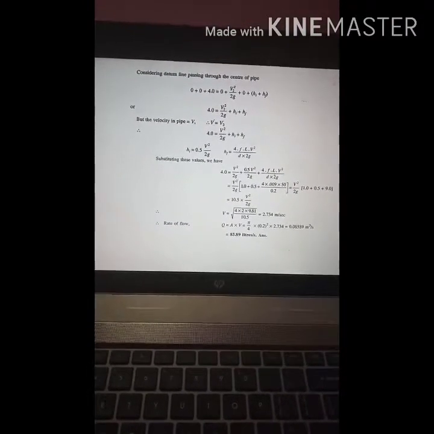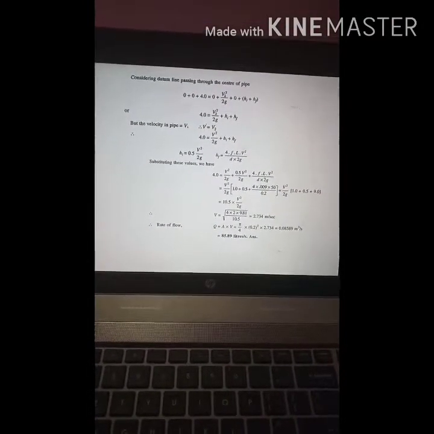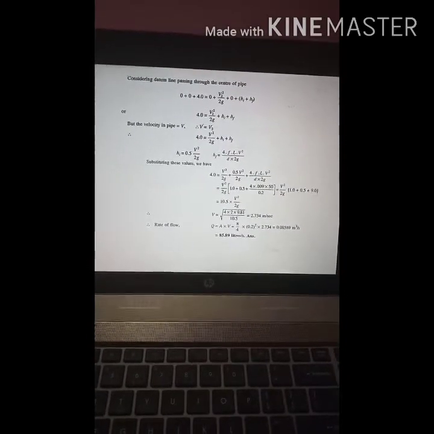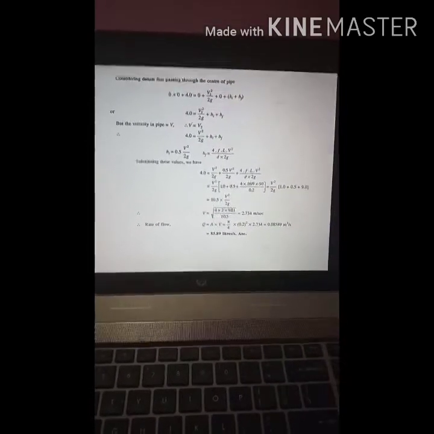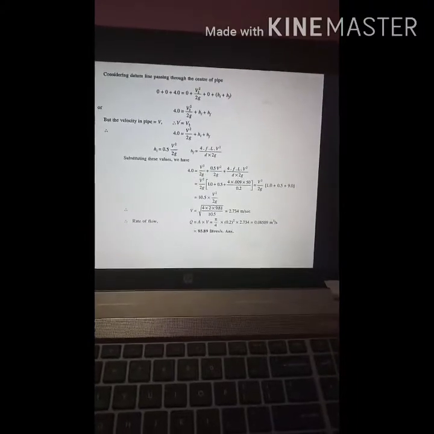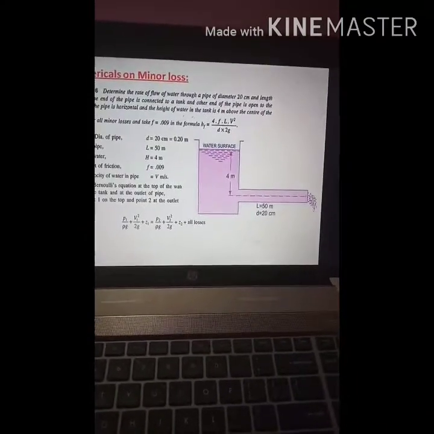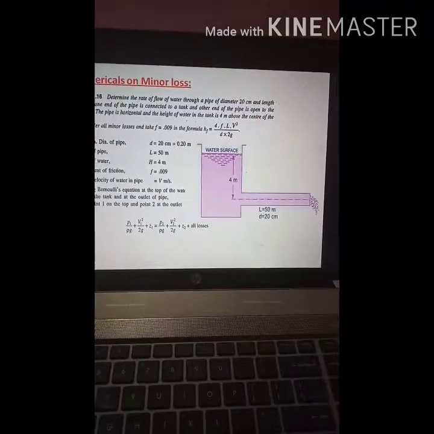Now using the Bernoulli's equation, we have already seen it is P1 by rho g plus V1 square by 2g plus Z1. Now Z1 is equal to 4 in this case. In the numerical, Z1 is nothing but the height, that is 4 meter.